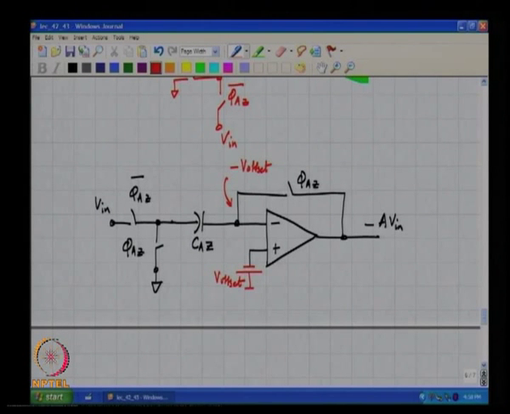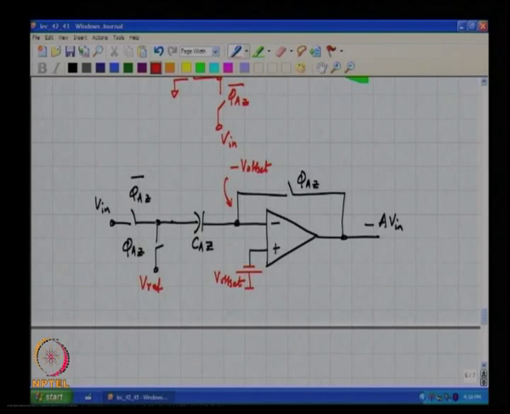So, the observation is, instead of simply grounding this plate of the capacitor, if this was connected to some reference V ref, then the voltage across this capacitor will be V ref plus V offset, correct.